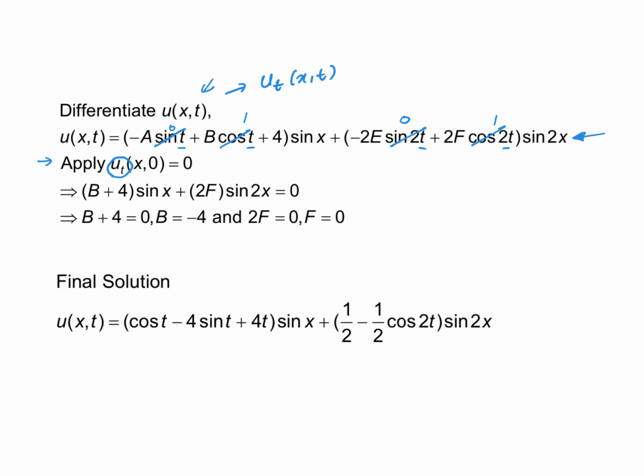And then by comparison, we know that B plus 4 is equal to 0, so we get B is equal to negative 4. And 2F is equal to 0, then F will be equal to 0. Lastly, we just write back the final solution, which is the temperature distribution u(x,t). That's all. Thank you.